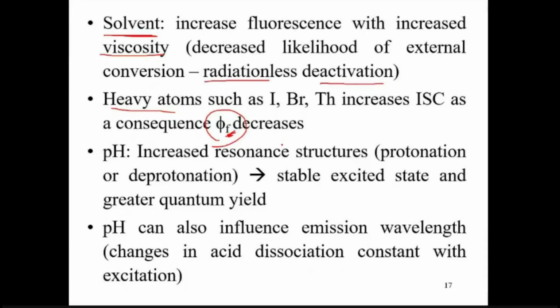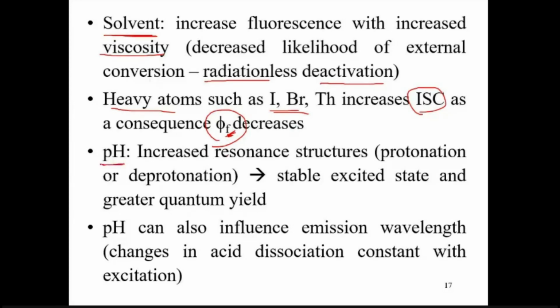Those orbitals are very closely spaced because the atoms involved are large. So large atoms, when involved in formation of molecular bonds, give vibrational energy levels of those molecular orbitals that are very close. So intersystem crossing, giving you the triplet state, is promoted. As a result, fluorescence decreases.